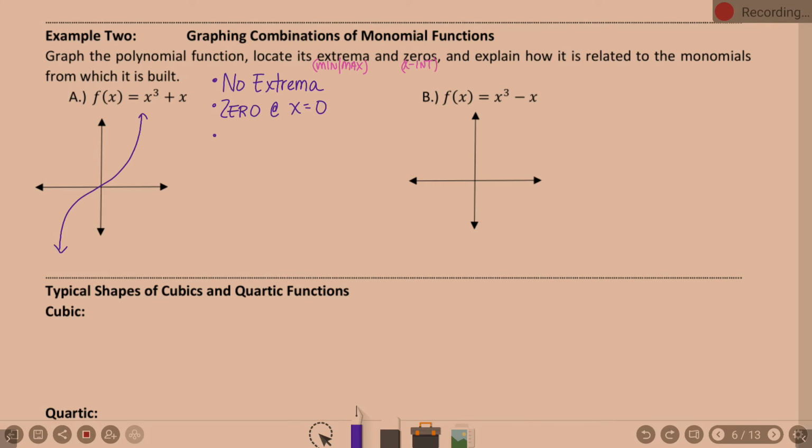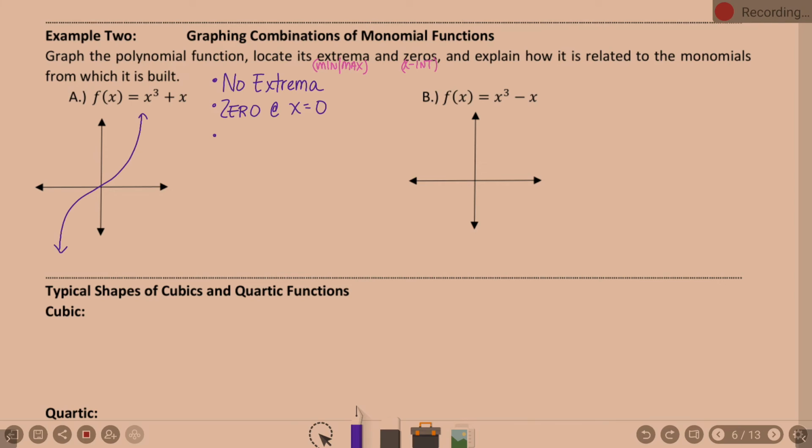If I trace along that y equals x, it almost looks like I'm tracing along my black curve for a bit. With that in mind, y equals x is controlling the behavior of the origin. So basically we have a y equals x cubed curve, but near the origin it has the slope or the shape of y equals x.